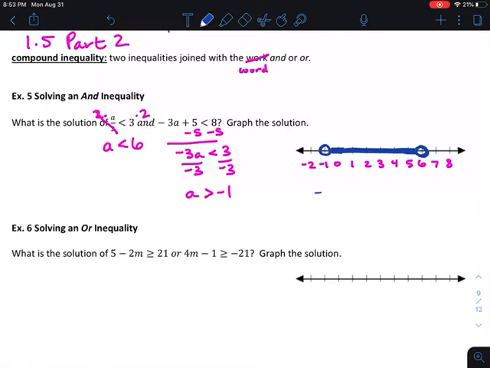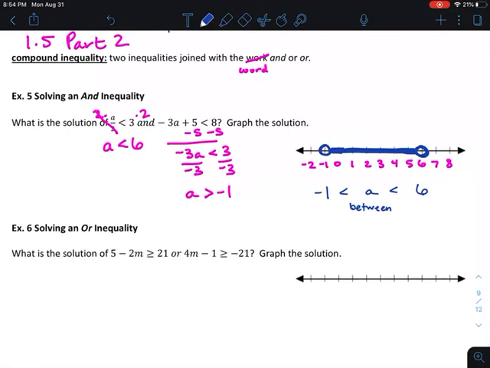That means negative 1 is less than a, which is less than 6. This would be your final inequality and your final graph. A falls between those two endpoints, non-inclusive.